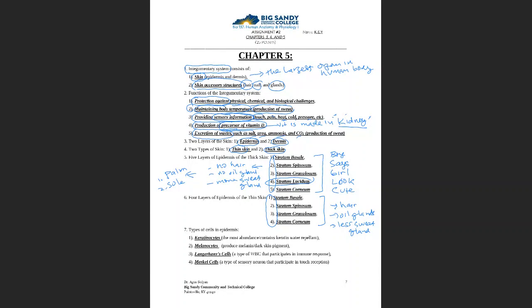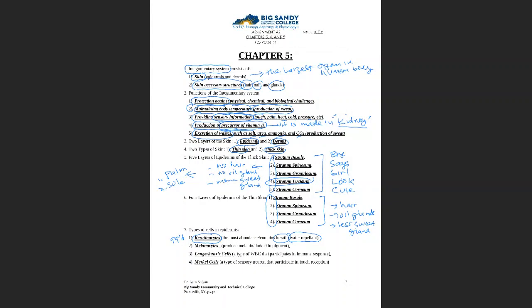Number 7, type of cells in the epidermis. 99% will be keratinocyte. It is called keratinocyte because it carry proteins called the keratin that used for water repellent. So this is the one that protect our body from dehydration, losing more water.